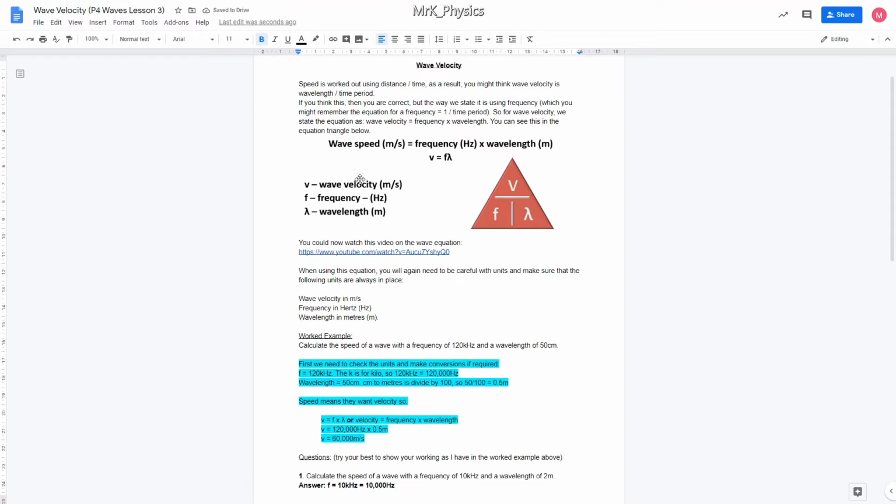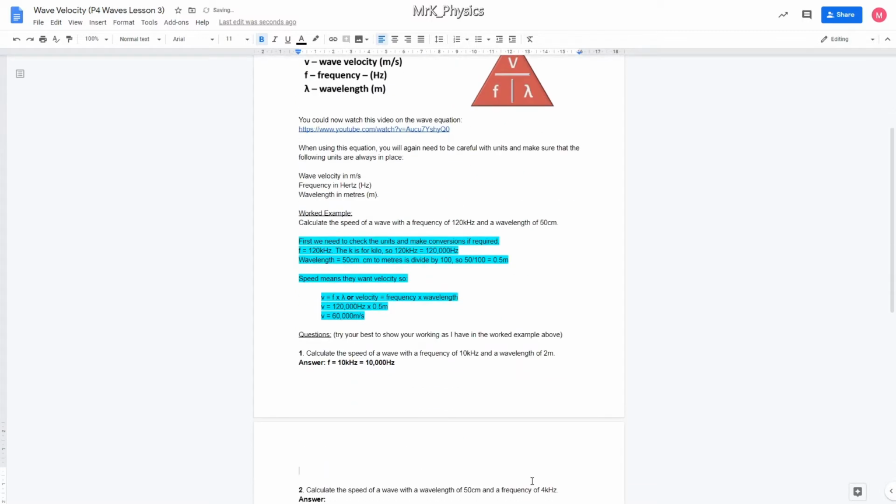You'll notice here that wave velocity should always be in meters per second before it goes into your calculation, frequency in hertz, which it is now, and wavelength in meters, which for question 1 it is already in meters. So that's a pretty good start.